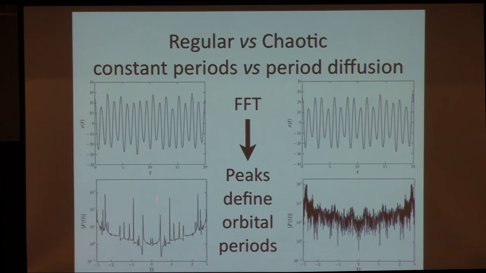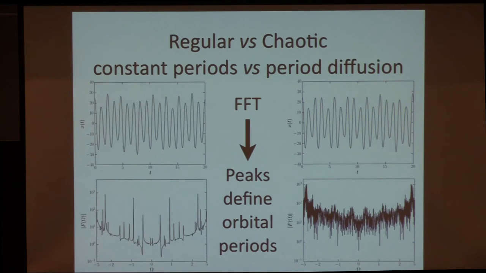If you take the Fourier transform of a regular orbit, what you're going to find is these very well-defined peaks in orbital period space. And so for a regular orbit, these peaks correspond to the fundamental orbital periods. And a regular orbit in 3 dimensions is going to have 3 fundamental periods.